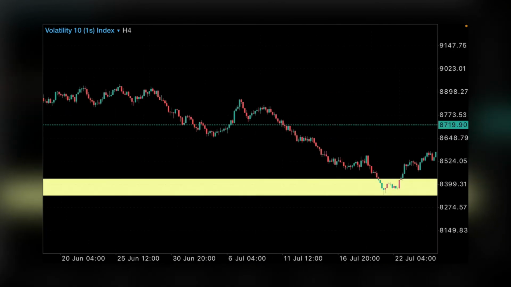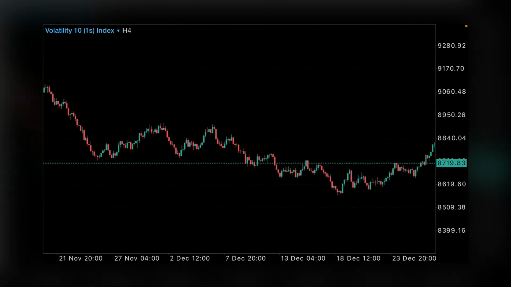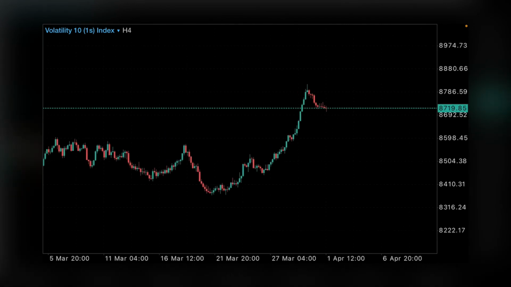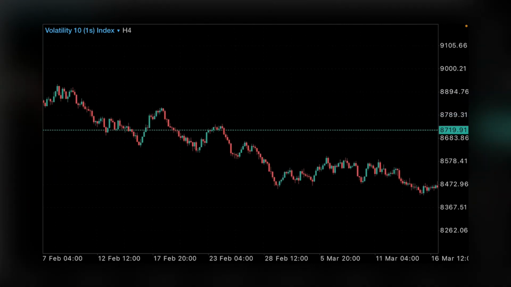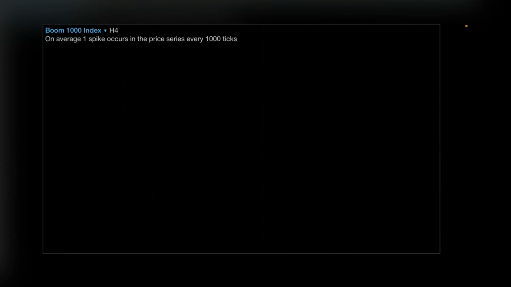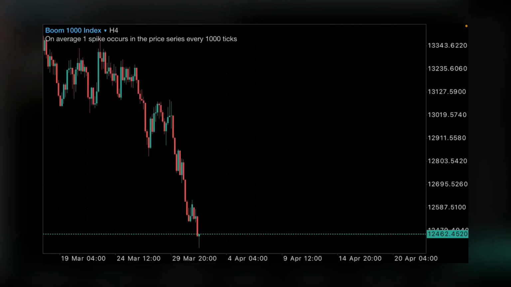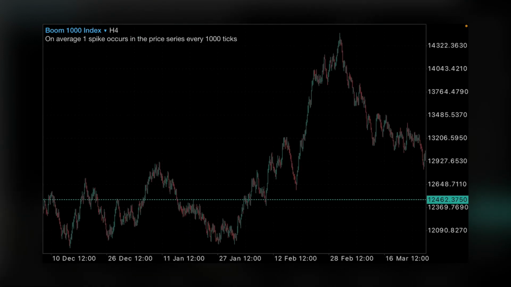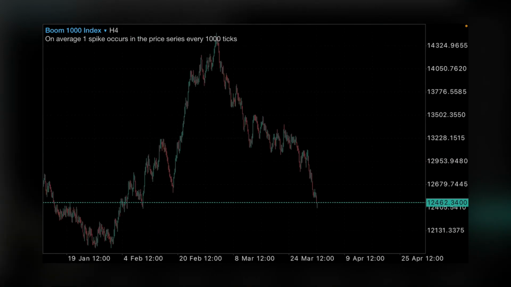Aside that, there are different ways you trade such kind of markets. Now in a downtrend, you don't take buying opportunities. Never. Now I'm going to give you guys a little tip for boom and crash. In a downtrend, don't ever take buying opportunities.